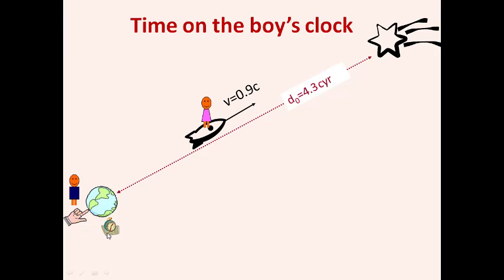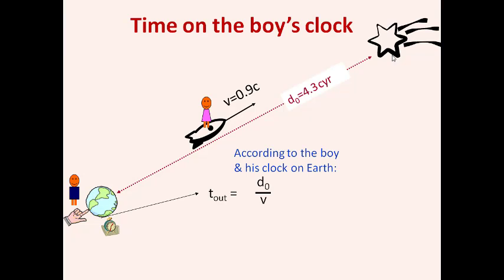Whenever clocks are started on both Earth and the spacecraft, we know from the calculation that the velocity of the spaceship is around 90% of the velocity of light. Then she reaches Alpha Centauri, 4.3 light years away, and according to the boy's clock on Earth, the time taken by the twin sister to reach Alpha Centauri is 4.8 years.